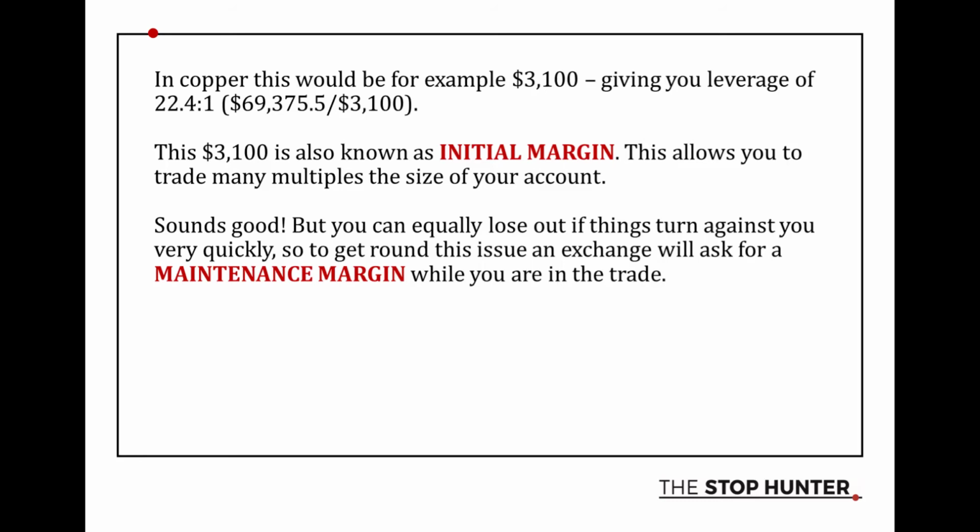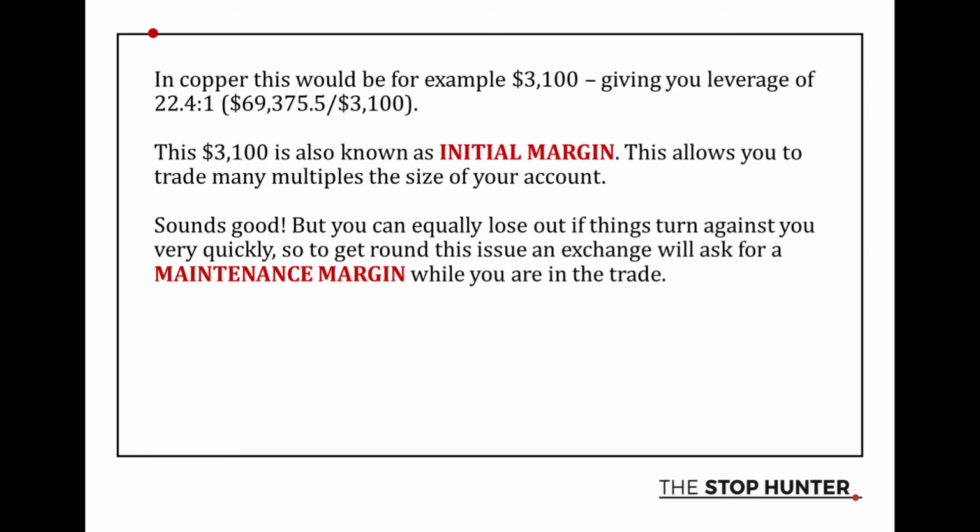Now the official terminology for that 3,100 deposit is initial margin, and it gives you, like it says, the ability to trade many multiples the size of your account. You're going to have that initial margin in your account to be able to access that one contract, otherwise you're not going to be able to trade it.